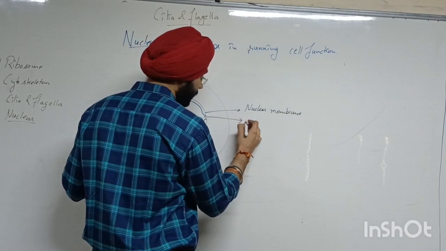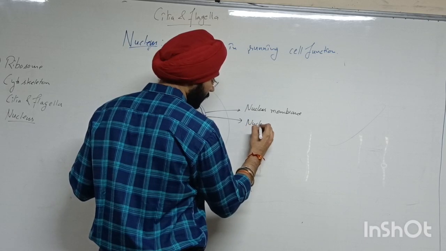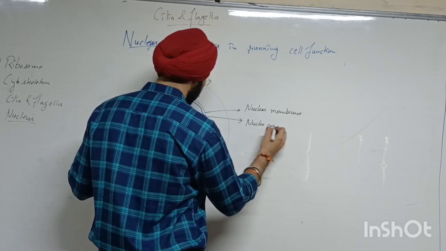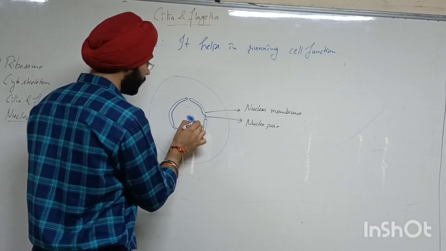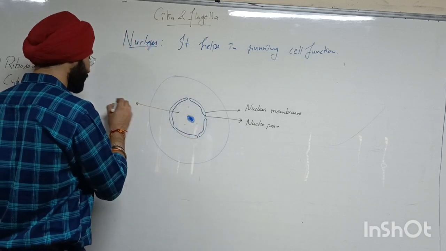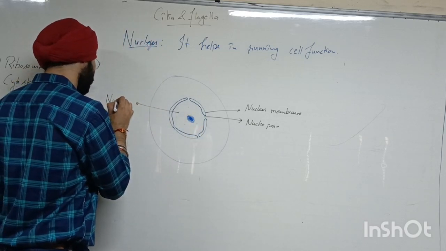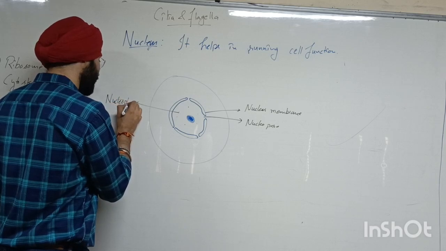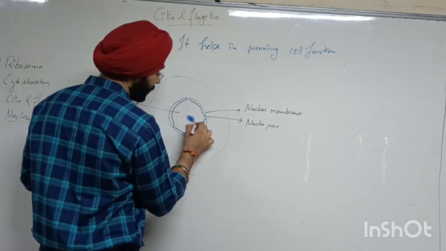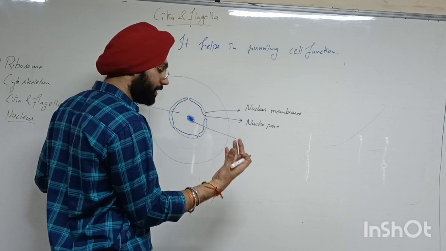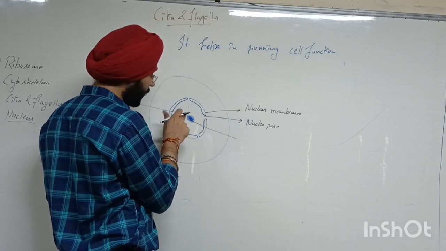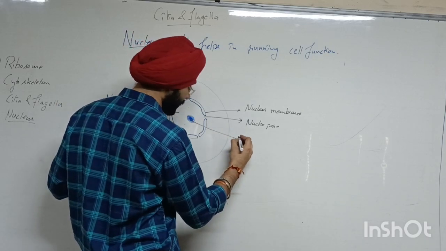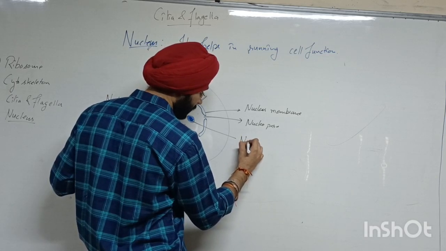This pore is known as nucleopore. It is filled with nucleoplasm, just like cytoplasm. Nucleoplasm. This concentrated structure which is present inside the nucleus is known as nucleolus.